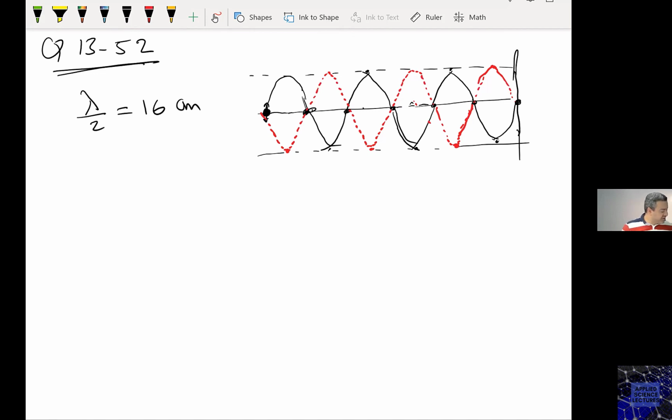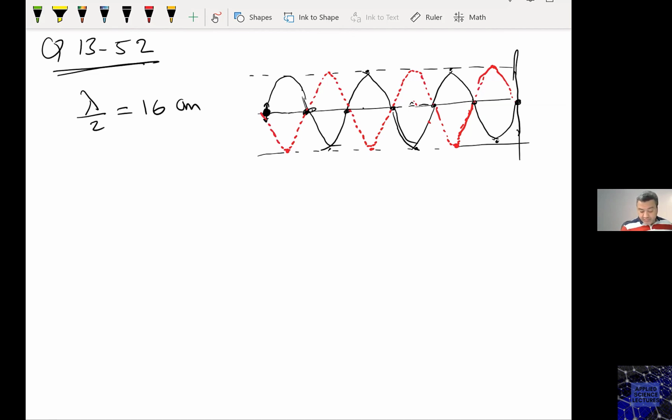Now the question says a single wave takes 1.2 seconds to travel to one end of the rope and back again. So it takes 1.2 to go all the way from one end to the end and come back again.